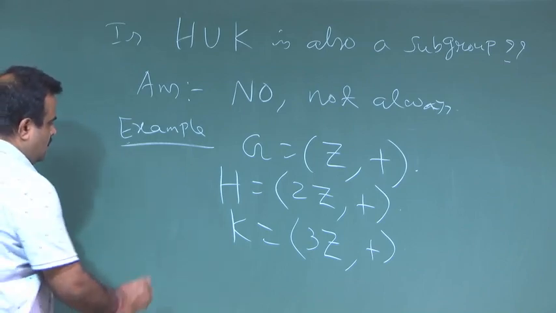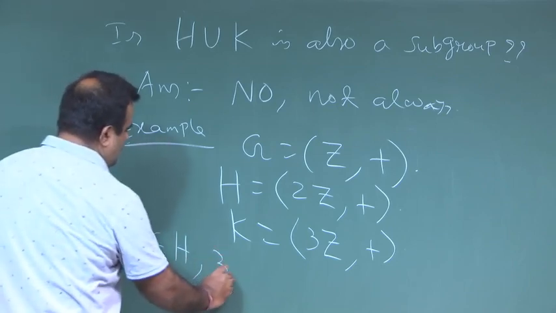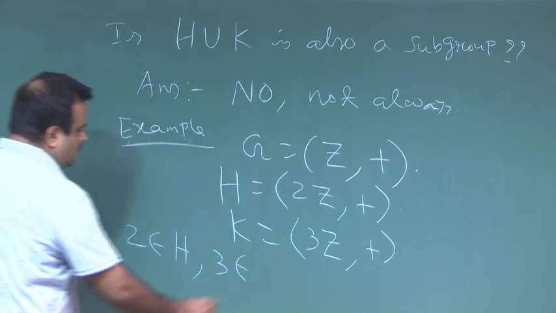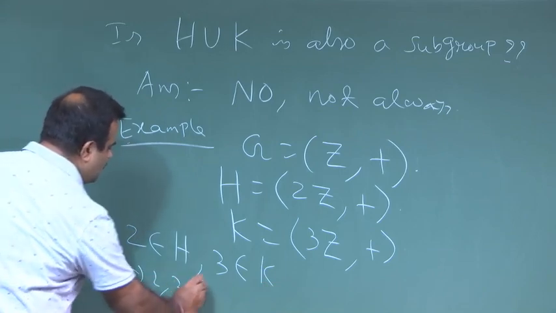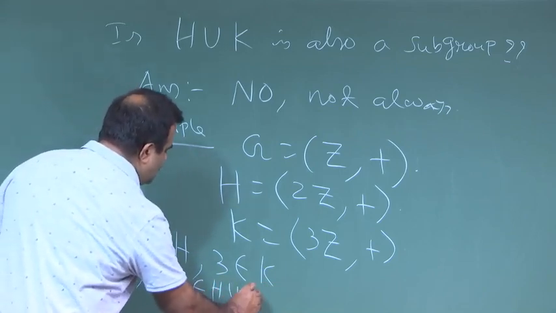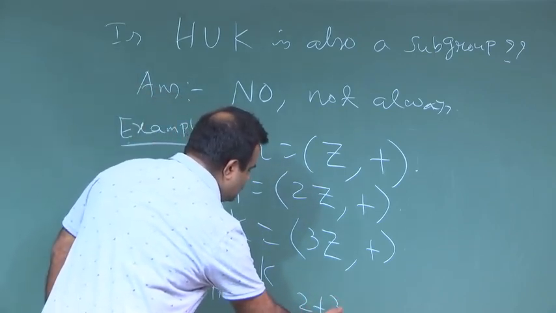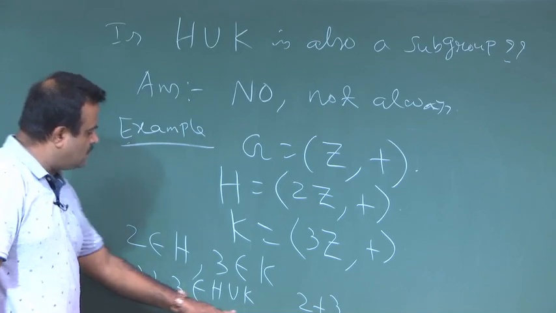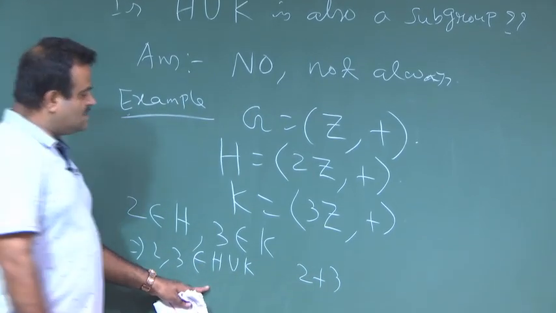Why? Because 2 belongs to H and 3 belongs to K. Now, this implies 2 and 3 both belong to H union K, but what is 2 plus 3? If it is a group, then the closure property must be satisfied, but 2 plus 3 is 5.